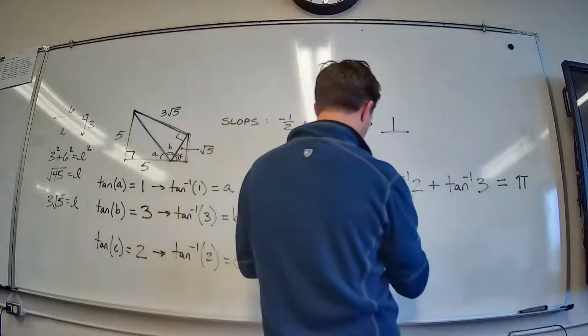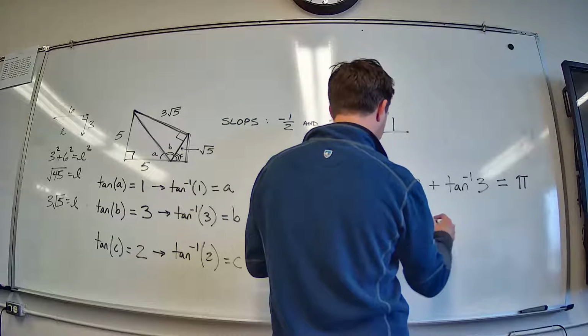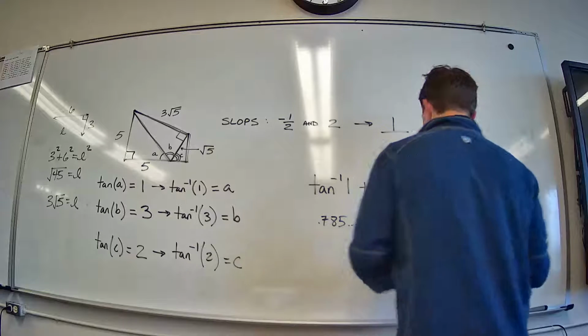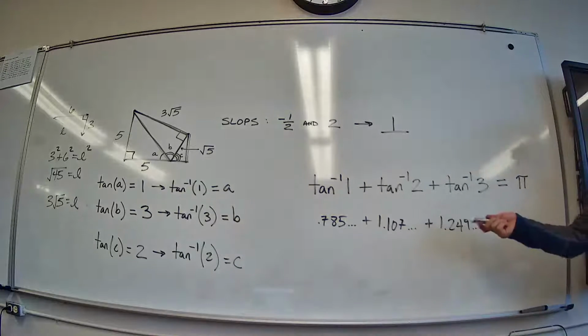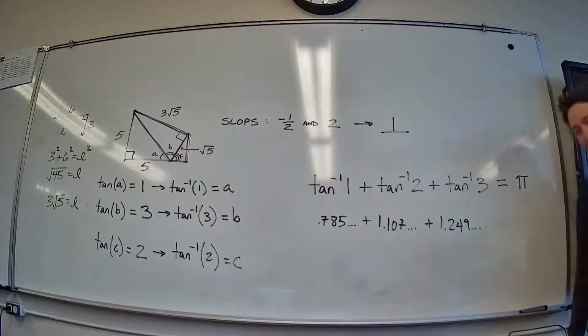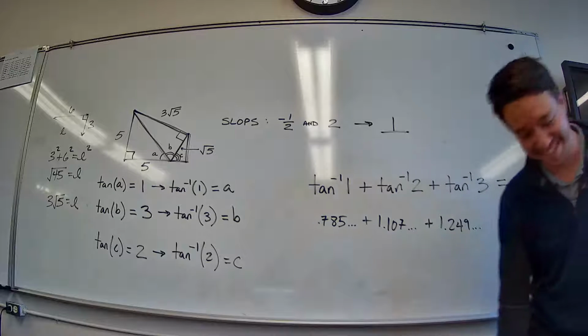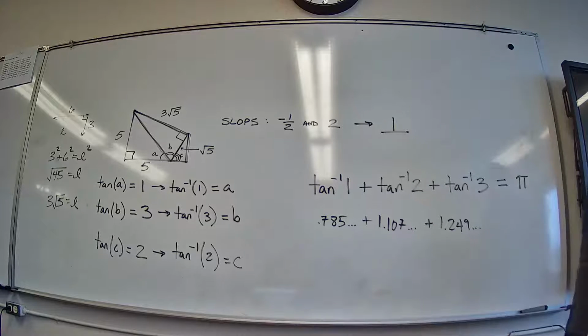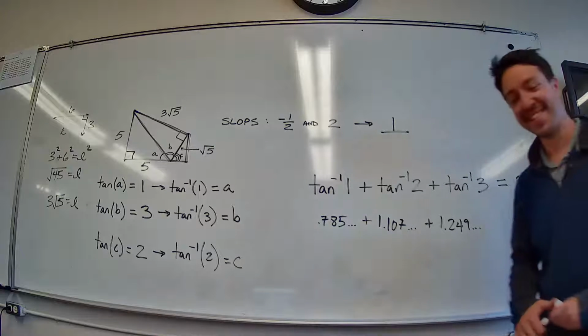The inverse tangent of 2 is 1.107, blah, blah, blah. And the inverse tangent of 3 is 1.249, blah, blah, blah. And just remarkably, they all add up to exactly pi. Isn't that lovely? Sorry, I thought it was interesting.